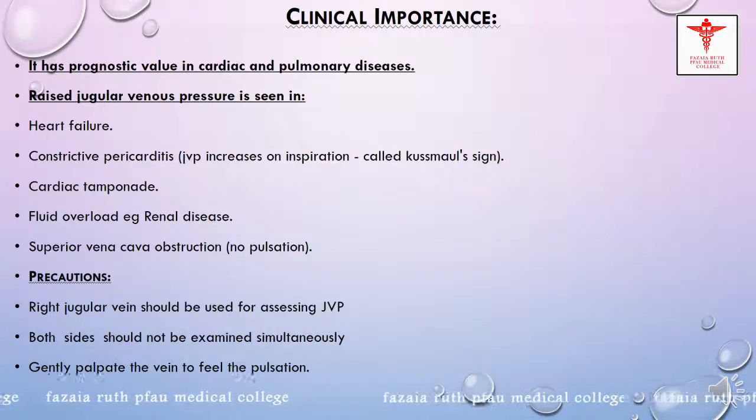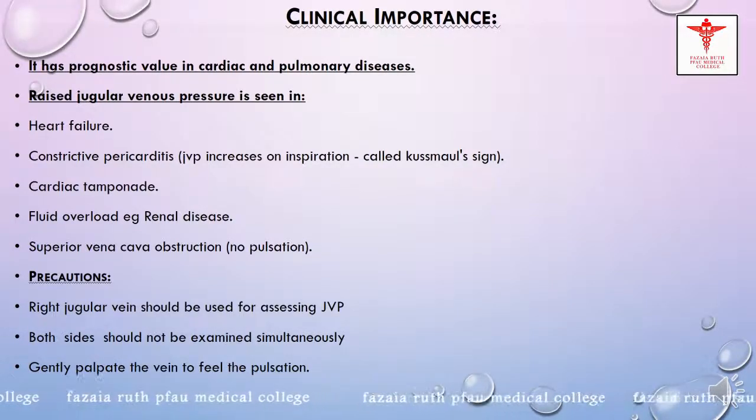So we have discussed the normal physiological waves that appear in JVP, and I'll be telling you about the clinical importance also. When do you find raised JVP? It has a prognostic value in cardiac and pulmonary diseases, right?